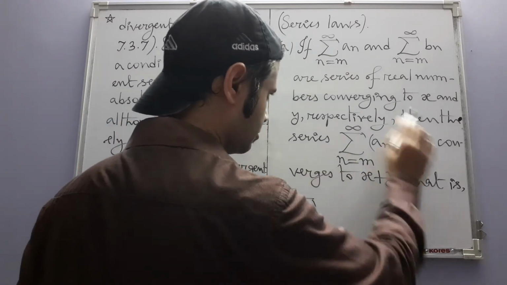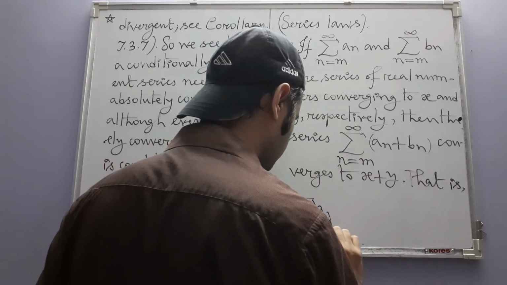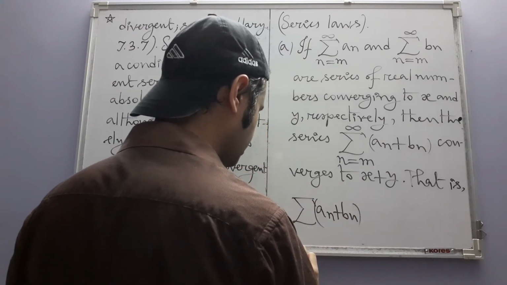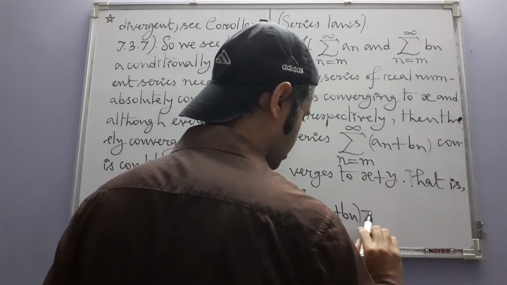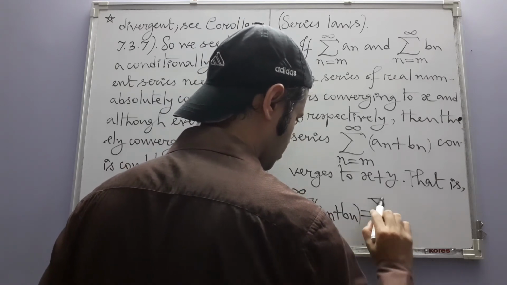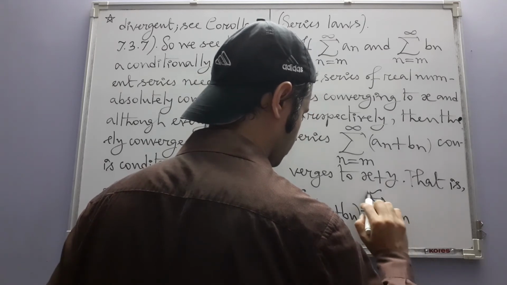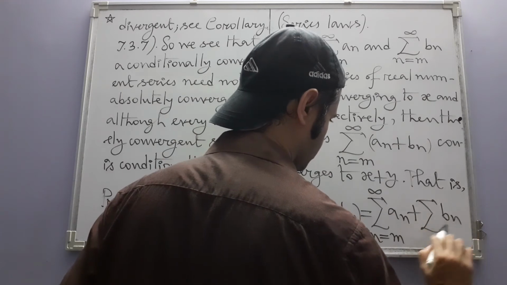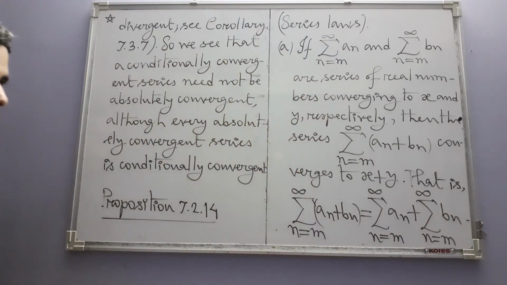Because we also use the symbol for a series to denote its sum, we can write all these things at once like this: summation an plus summation bn. So that is part A.